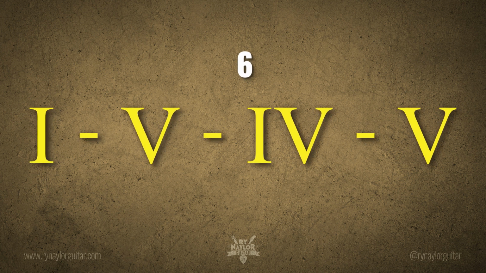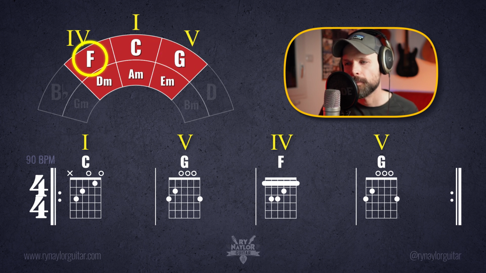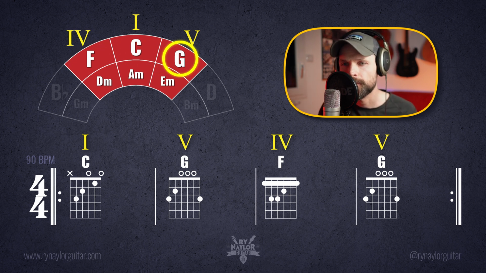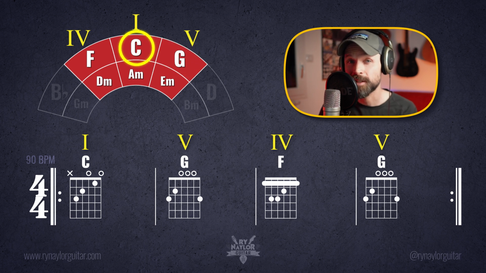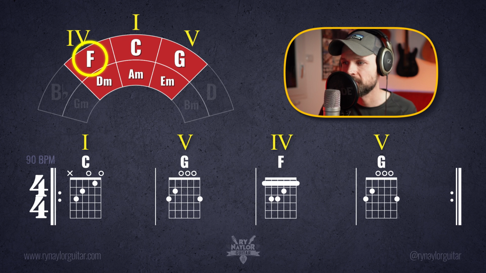A 1, 5, 4, 5. I hear that, I'm thinking All the Small Things by Blink-182, maybe by Hanson, the 1, 5, 4, 5. So many songs are created by just using those 3 chords.